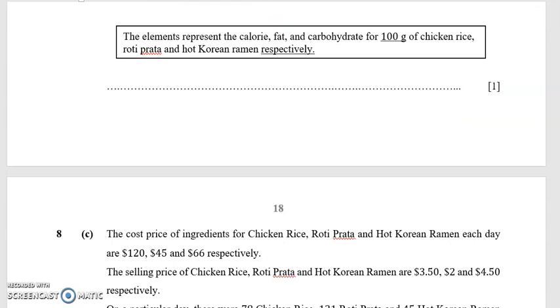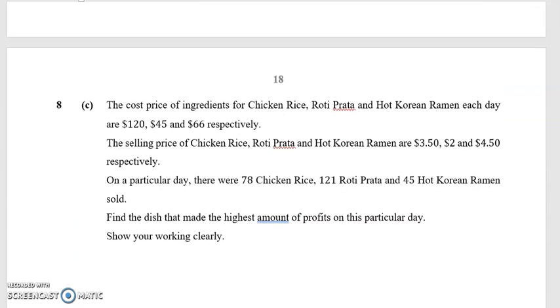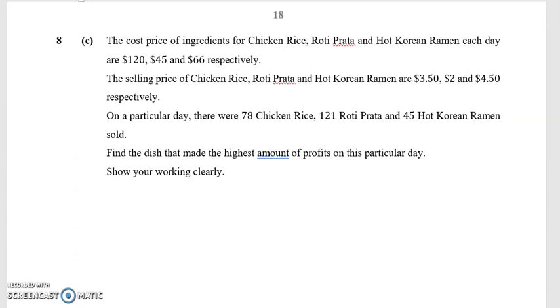So for part C, the cost price of ingredients is given for each day, and the selling price is also given. On a particular day, the amount of chicken rice, roti prata, and hot Korean ramen being sold is given, and we need to find the dish that made the highest profit on this particular day.